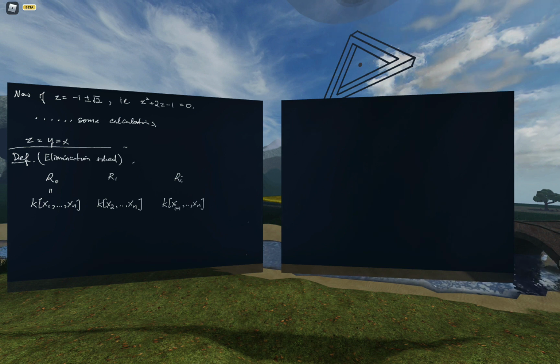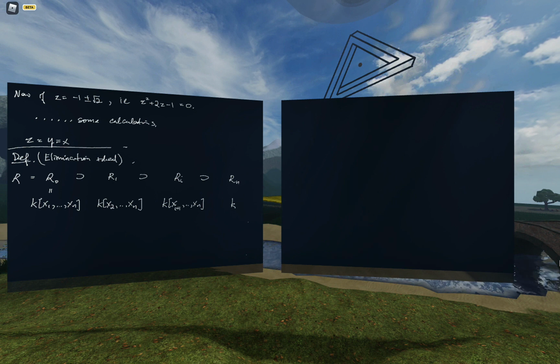So you can see why I'm doing all these Ri's. And I guess the inclusions go the other way. So I'm going to define the subalgebras of R. This R0 is actually R here. I kind of wrote this in reverse. I usually write it the other way, but that's okay.